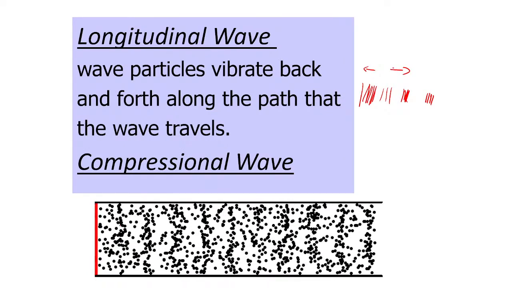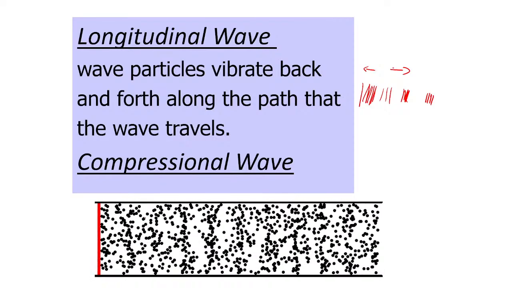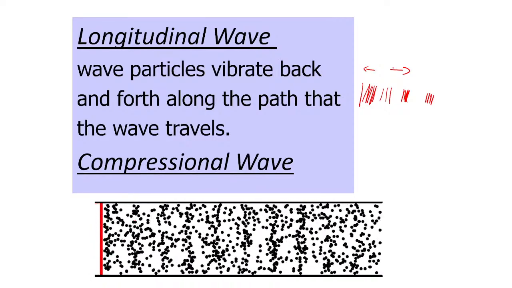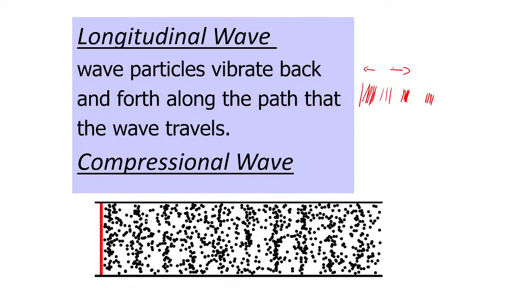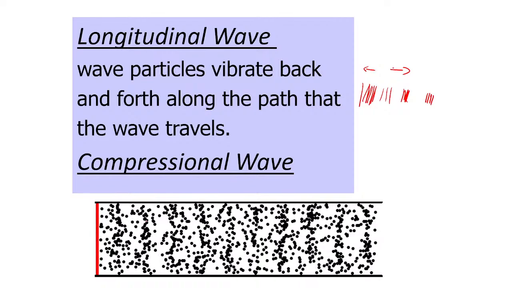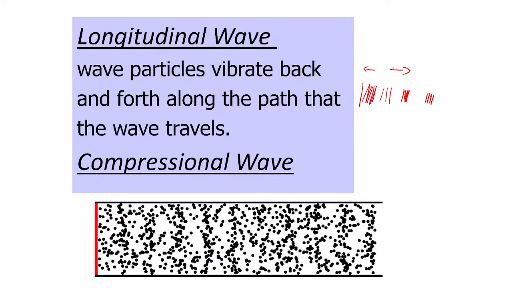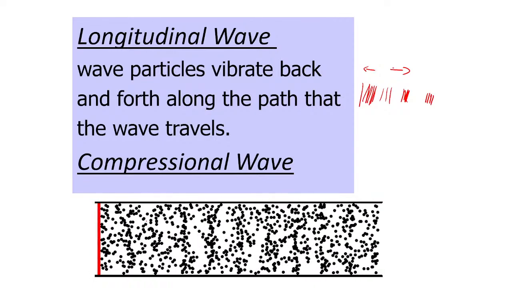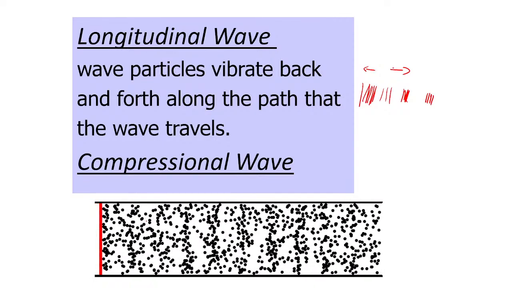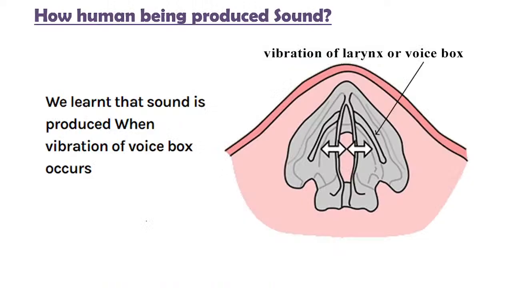In some regions you will find very few, scattered molecules, and in some regions you will find many more molecules. So molecules are moving back and forth, and that movement is called a longitudinal wave. So how many types of waves have we learned now? There are two types of wave: transverse wave and longitudinal wave.